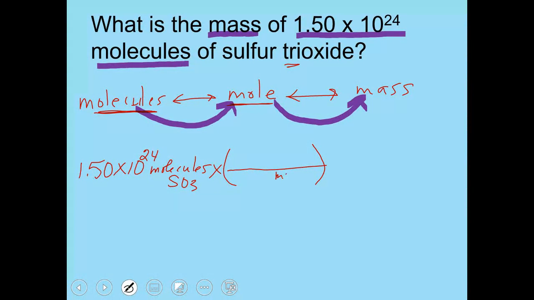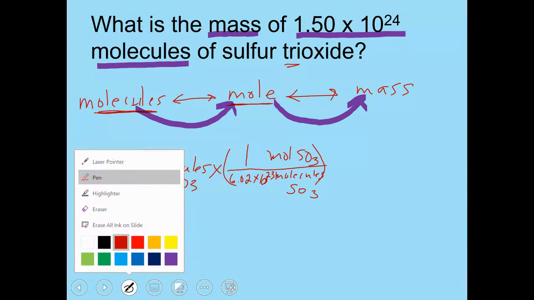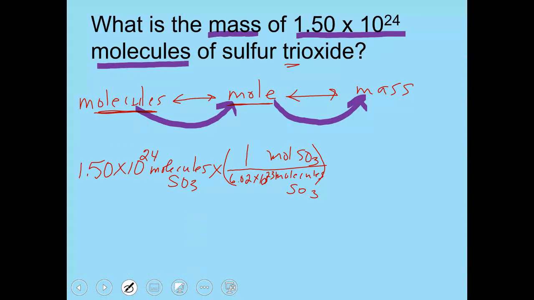So the molecules have to go on the bottom, and the moles have to go on the top, because we want the molecule label to divide out. Remember, 1 mole has Avogadro's number of particles, and this is that's a 10. And we can see how our label will divide out, and that will give us an answer in moles.